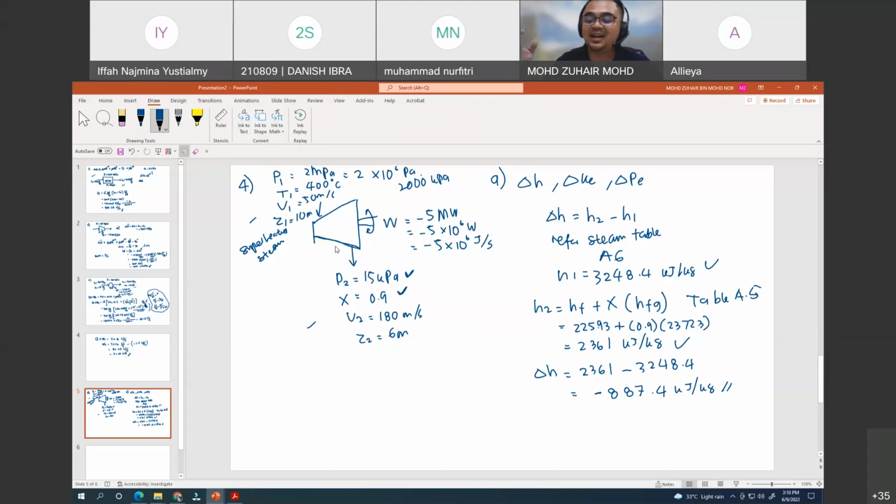If you have a turbine to generate electricity, the steam will pass through the turbine fan, and the turbine fan will be macam berpusing tau. And this pusingan will produce the kinetic energy and potential energy, and it will rotate the shaft, and this shaft will be linked to the electromagnetic punya part, like dynamo tu, and then it will generate electricity.